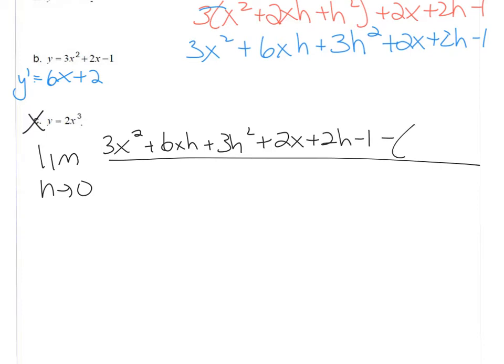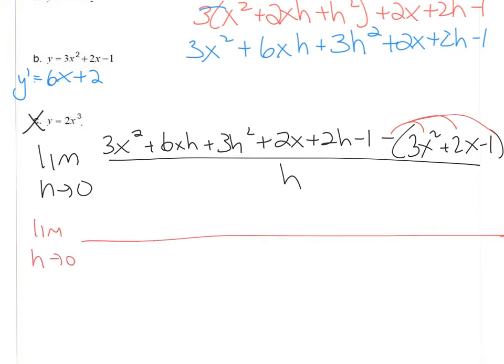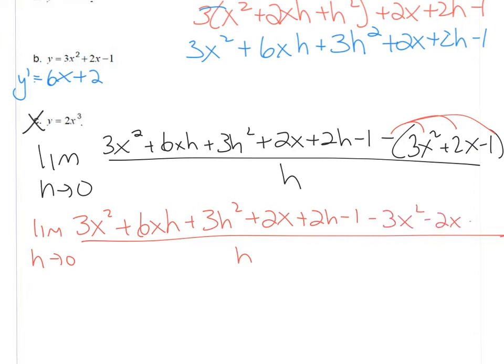Minus the original function. We have to distribute this negative. So that's minus 3x squared minus 2x plus 1. So 3x squared minus 3x squared, 2x minus 2x, negative 1 plus 1.